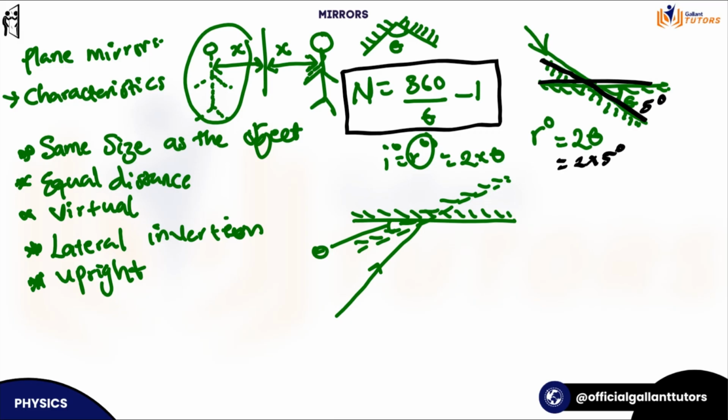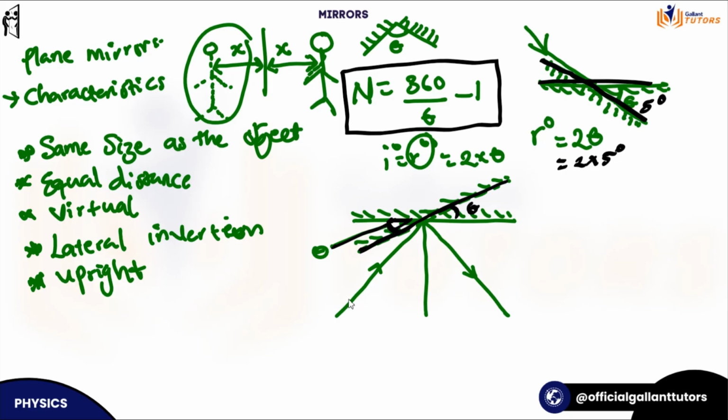Let me use a black pen so that you are able to see. This angle is theta. If this angle is theta, definitely this is also theta, since opposite angles are equal. Normally we have the reflected ray to be like this, and then the normal. This is the new orientation of the mirror.